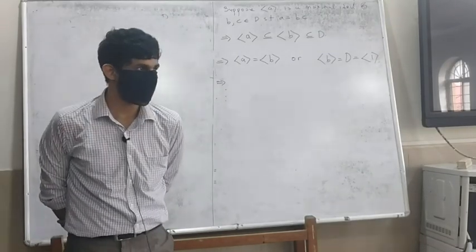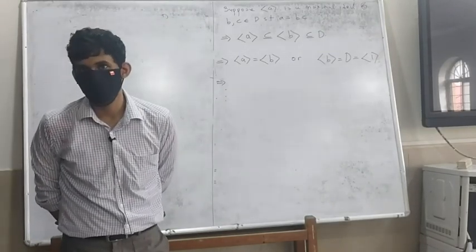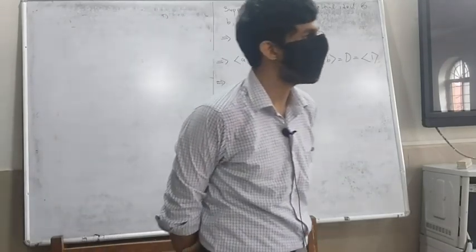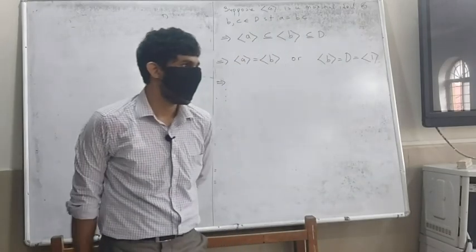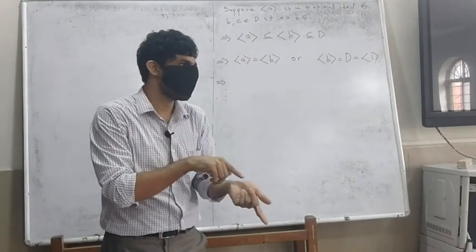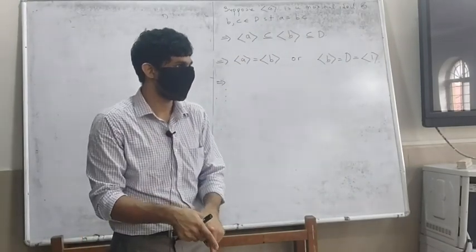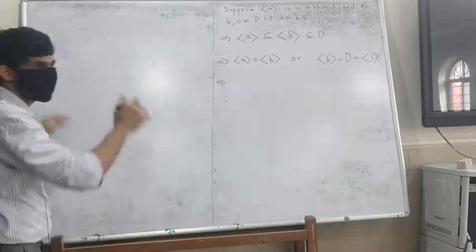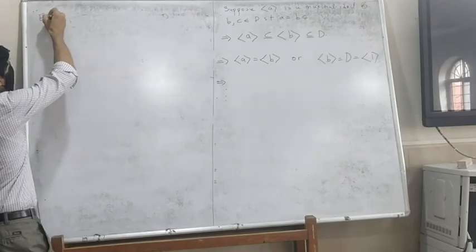You look at the ideal generated by that element, it has to be maximal, but every maximal ideal is a prime ideal. But if the ideal generated by A is prime, then A is prime. That was one of the first things that we proved. Makes sense? So let me just write it fast.